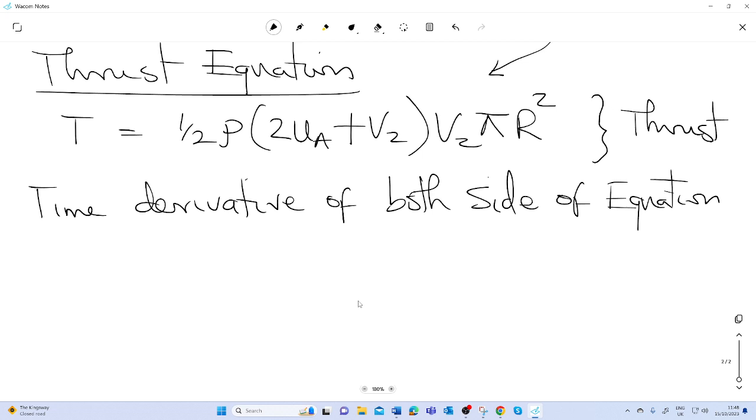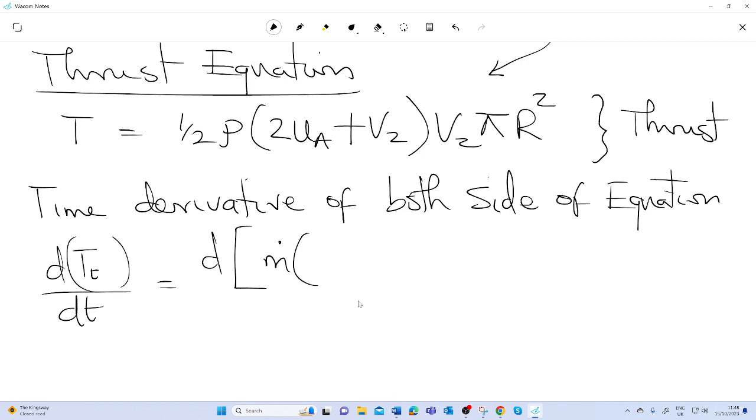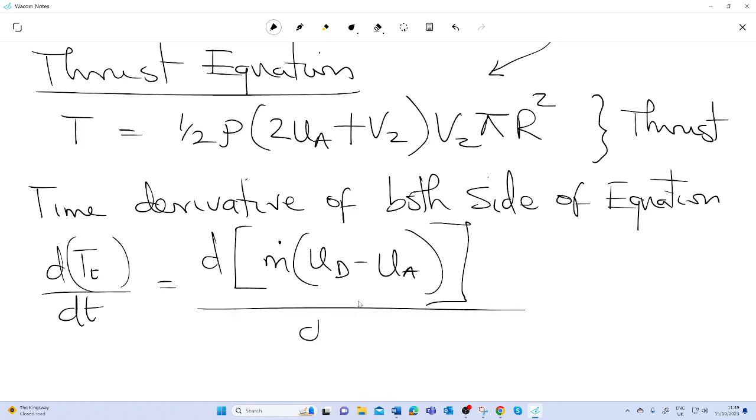By deriving both sides, we can differentiate: d thrust over dt equals dm, that is the mass flow rate, (UD minus UA) over dt.